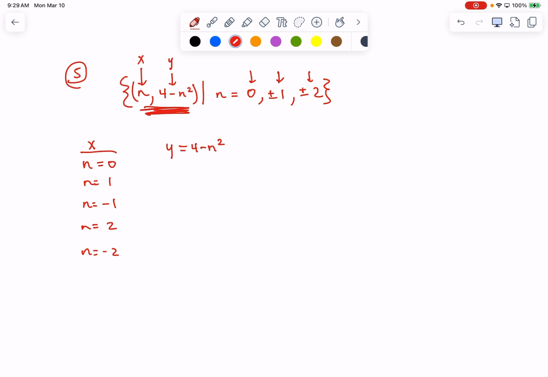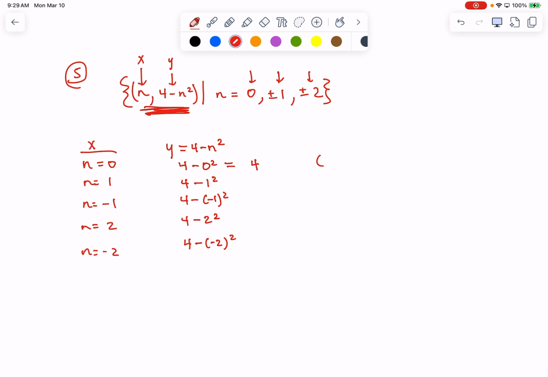So you're going to take each one of those n values and plug it into my equation, 4 minus n squared. So we're going to have 4 minus 0 squared, 4 minus 1 squared, 4 minus negative 1 squared, 4 minus 2 squared, and 4 minus negative 2 squared. I believe they have this on your OpenMath, too.